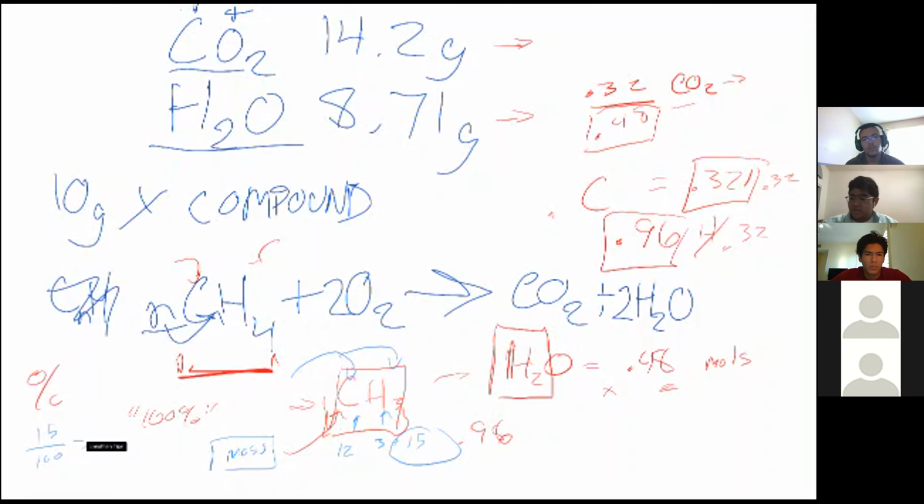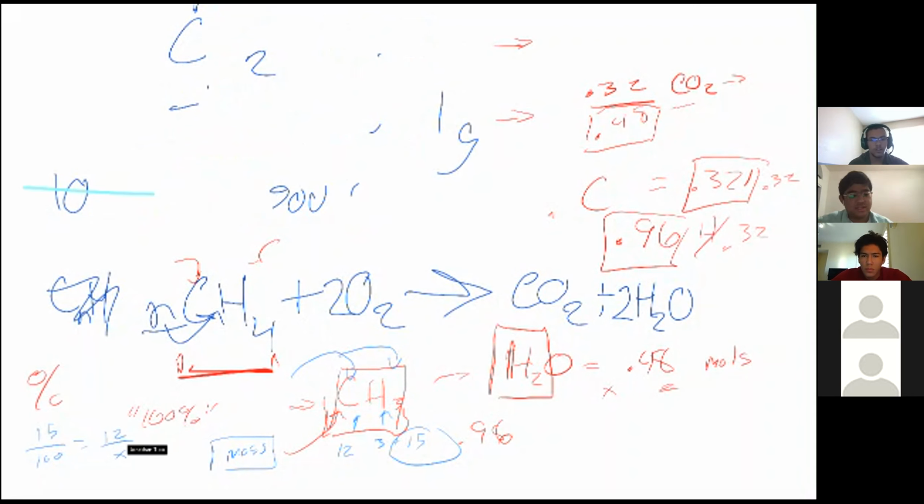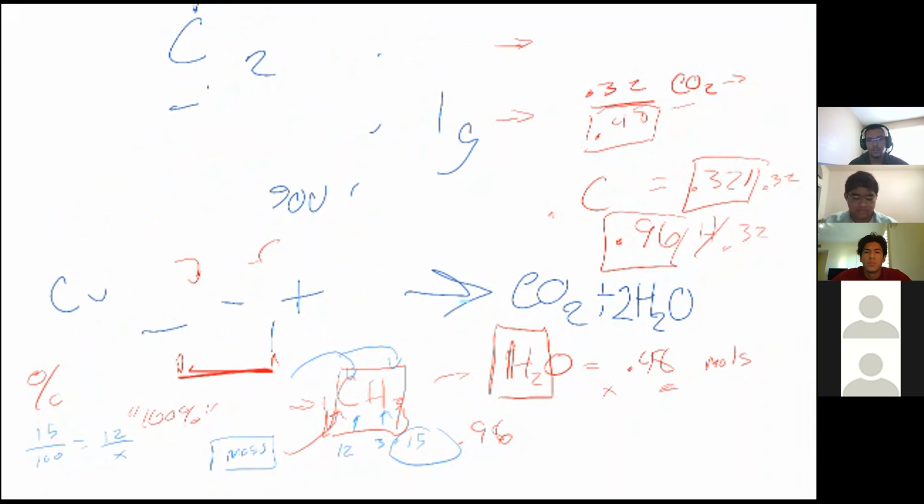And let's set up a mini proportion down here at the bottom. Jeremiah, do you mind if I erase this? Go for it. Just kidding. Can't erase that. So if 15 is our 100%, then our 12 is our X. Try to solve that. Just cross multiply, then divide.